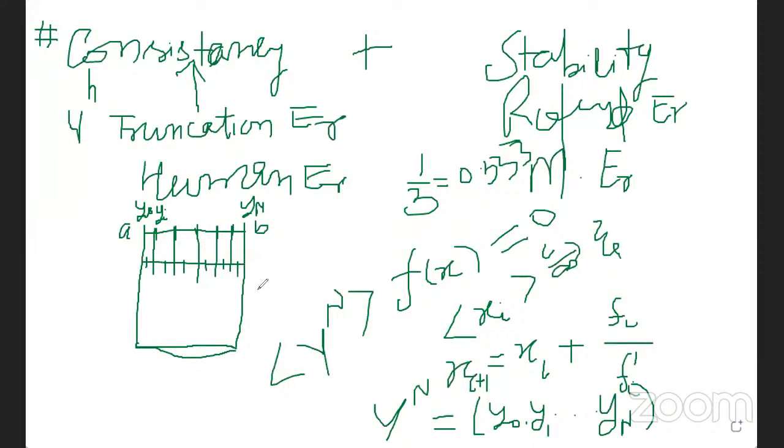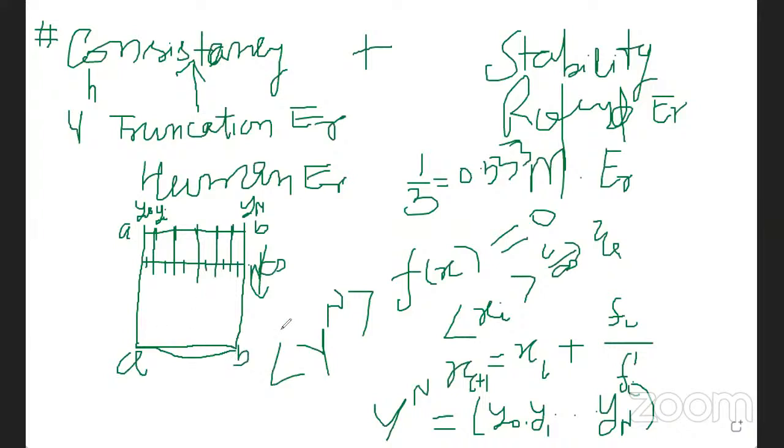This will converge as we keep increasing n. The discrete domain will converge to the continuous one. As n tends to infinity, the discrete domain converges to, or covers, the exact continuous domain AB.